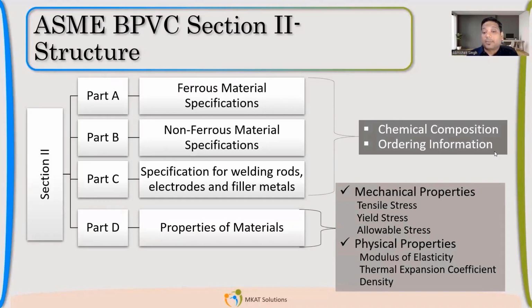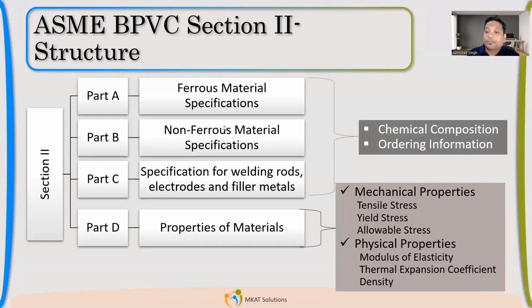So part A, B, and C, these are mainly required or mentioned when we want to order. So they cover the ordering information. Okay. While part D, we as designers use all the time because that covers the design related properties, mechanical and physical properties. So this is what we have got from section 2. Okay.